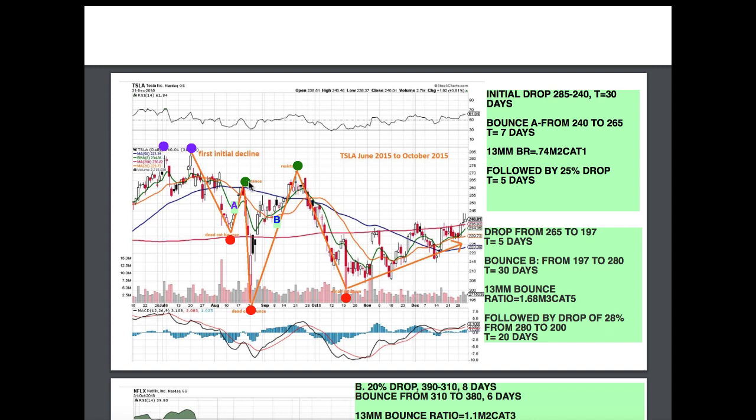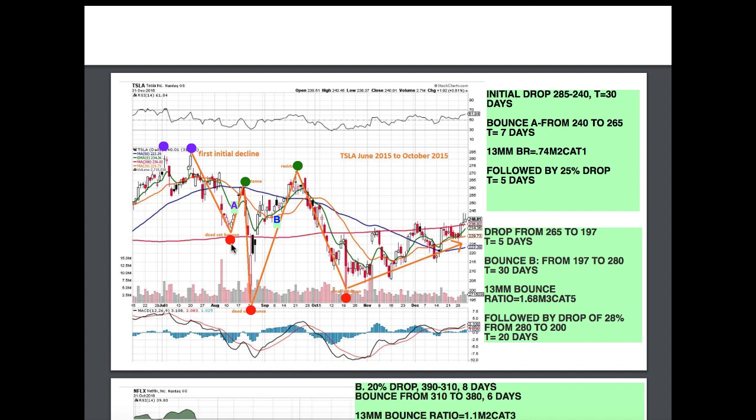That's bounce A. So in order for you to calculate the actual ratio, you would take the percentage drop from the purple dot to the red dot. Then you would take the percentage of the bounce, which you can easily take from the red dot to the green dot. You're going to take the bounce number and divide it by this drop number.